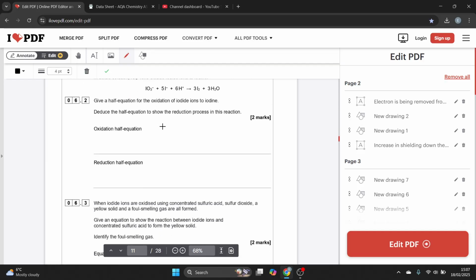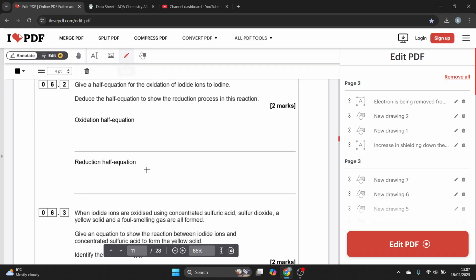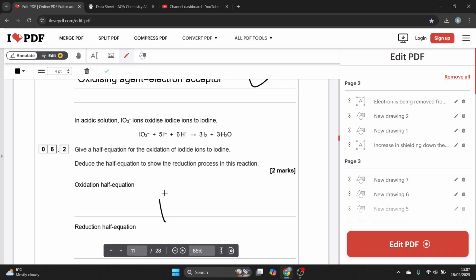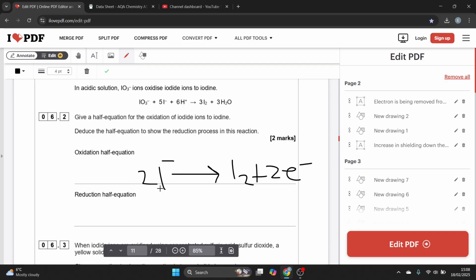Oxidizing agent, electron acceptor. Deduce the half equation for the oxidation of iodide ions to iodine: I minus to I2, so I need a 2 here, plus 2e minus. Choose the half equation that shows the reduction process in this reaction.